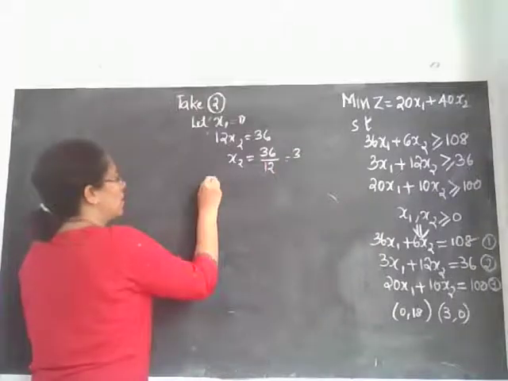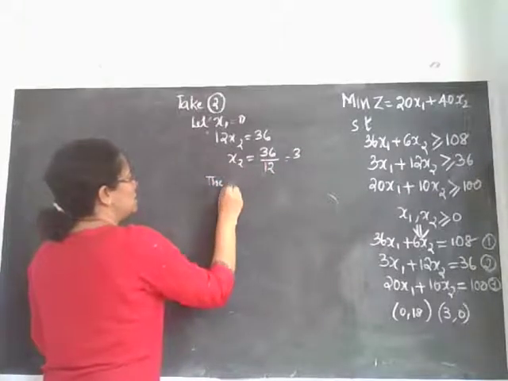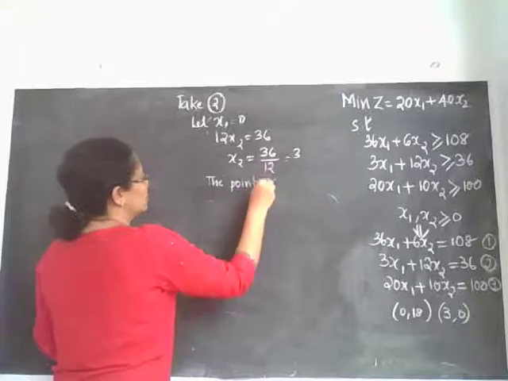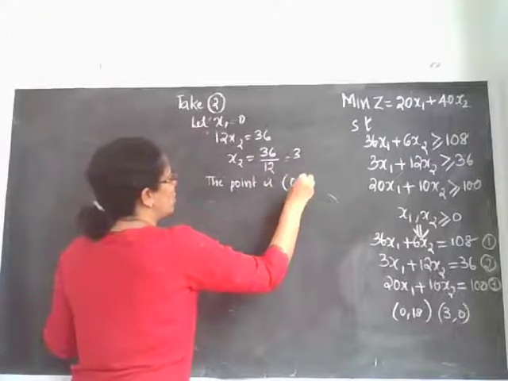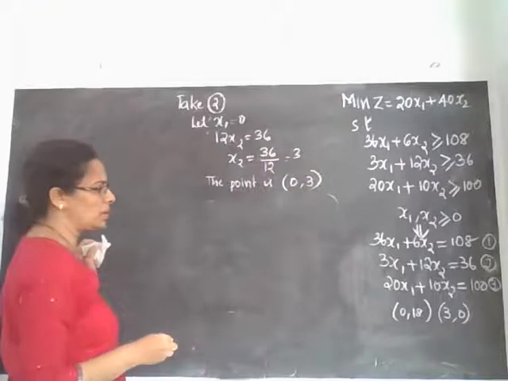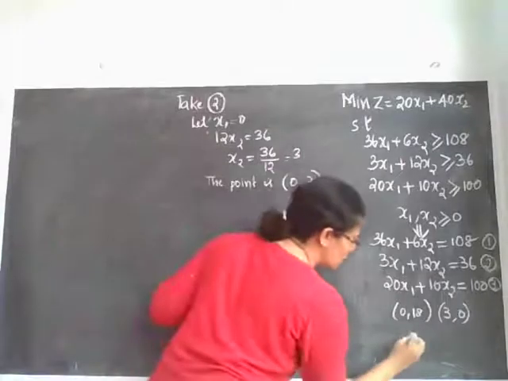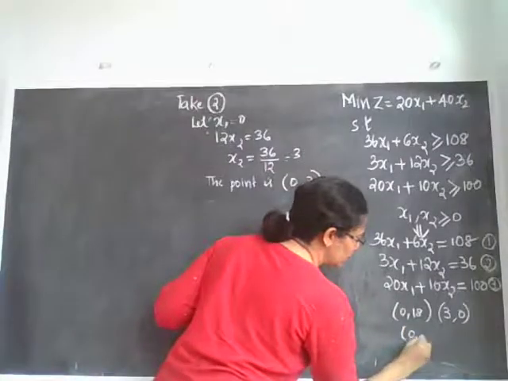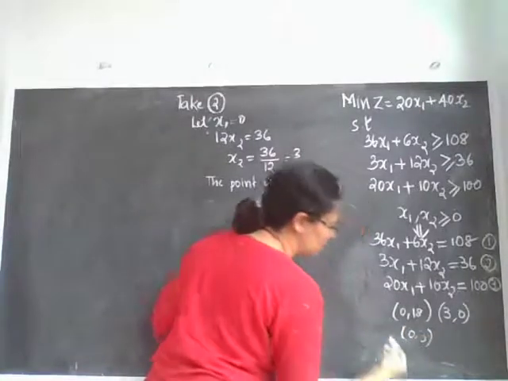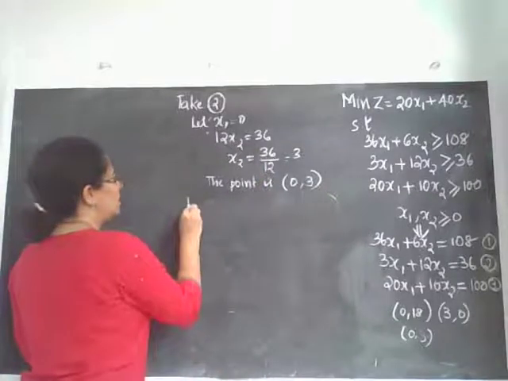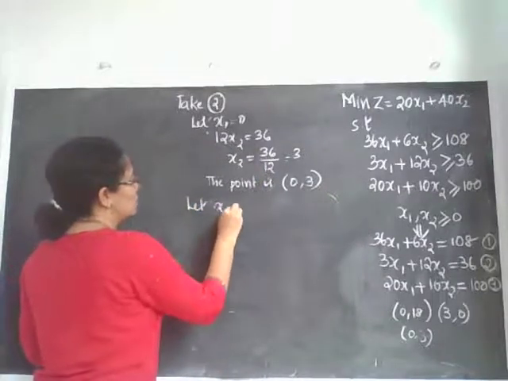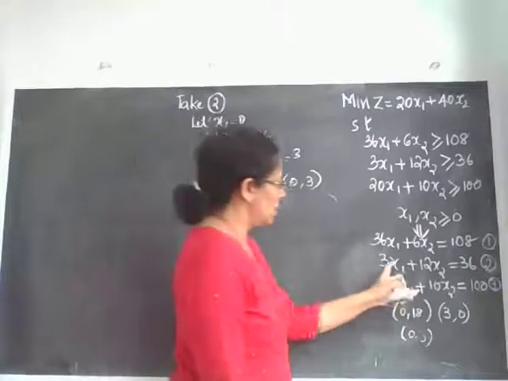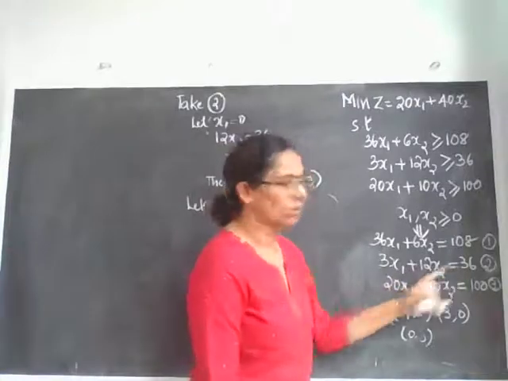So the point is 0, 3. Now let x2 equal to 0. So 3x1 plus 0 equal to 36.